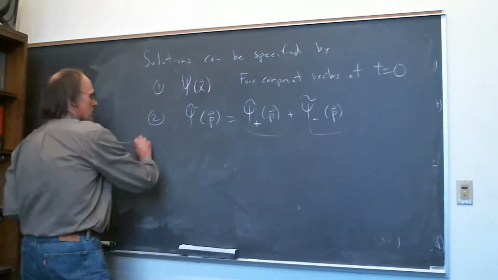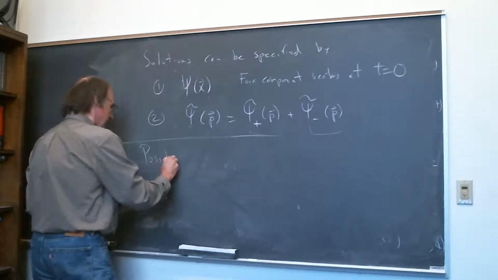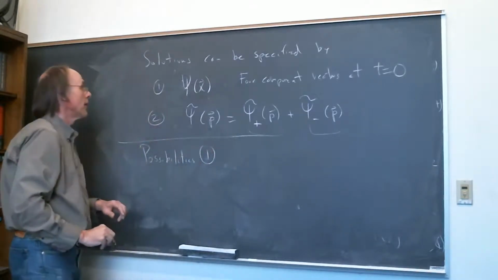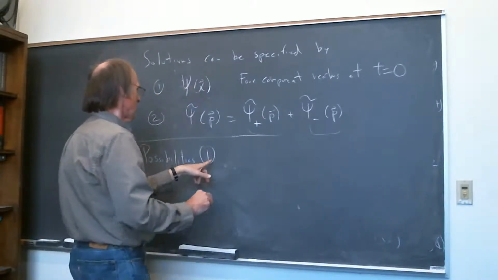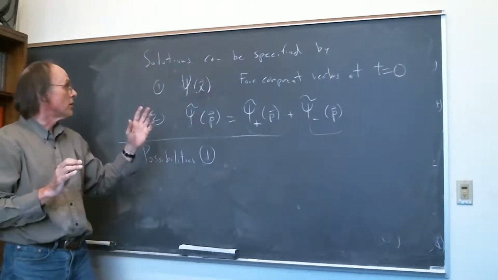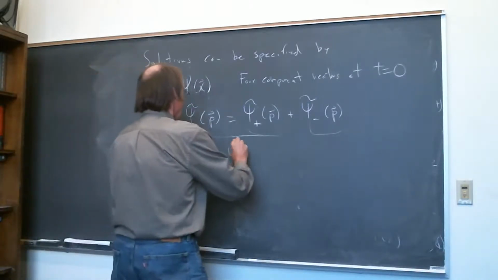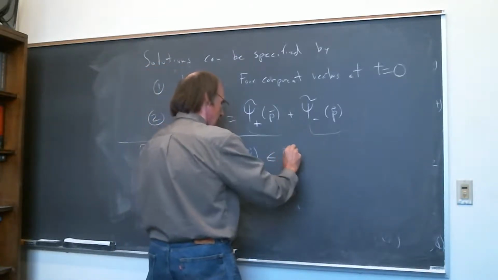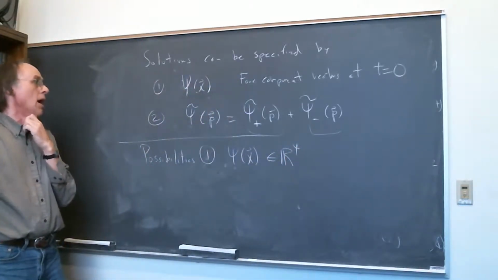So the possibilities that we're going to look at: one thing to do is to impose a condition. It's going to turn out to be possible to take those gamma matrices to be real matrices, and so we're going to take psi of x vector to be a real combination of these.